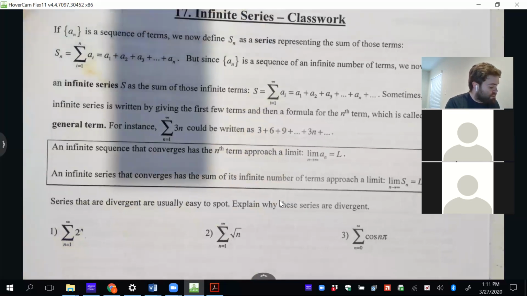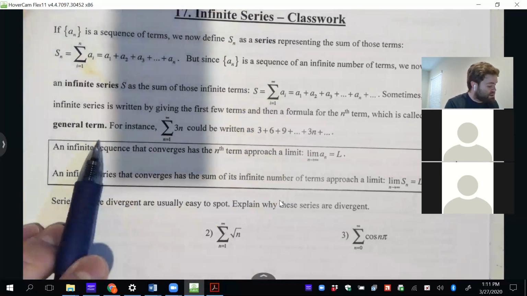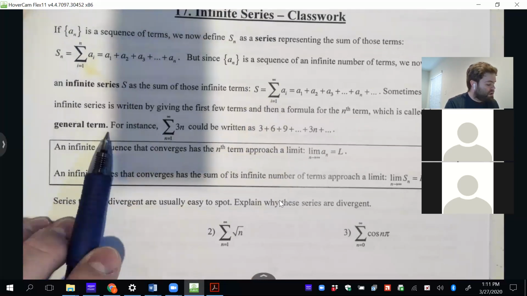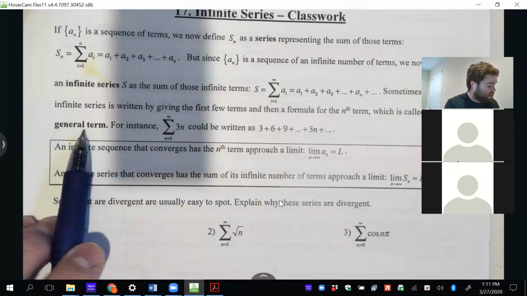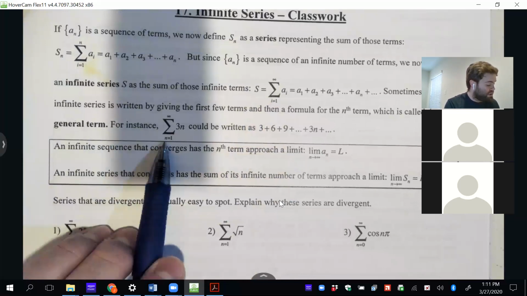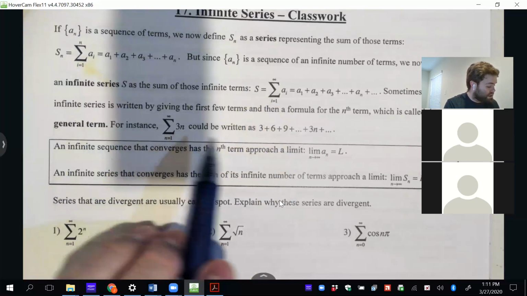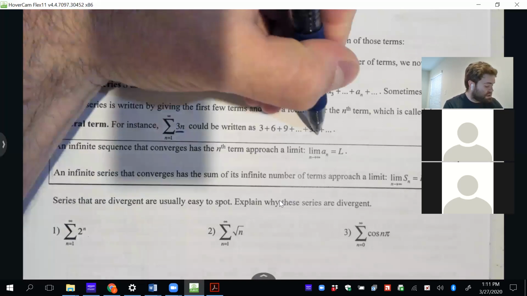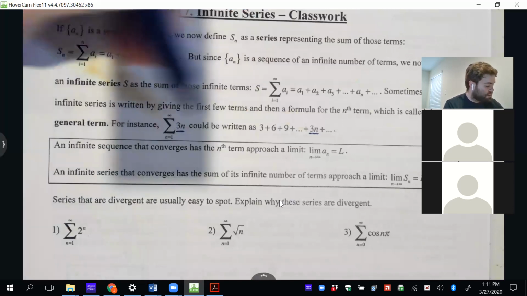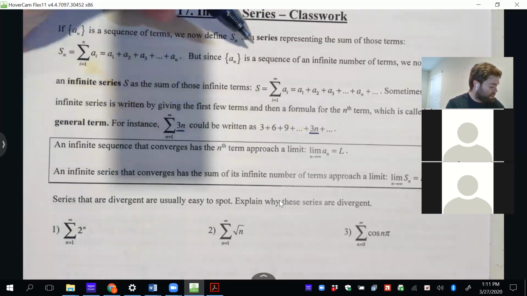The general term of a series is an expression that represents the nth term of the series. So in the summation from n equals 1 to infinity of 3n, that 3n right there is the general term that represents the nth term of the sequence.